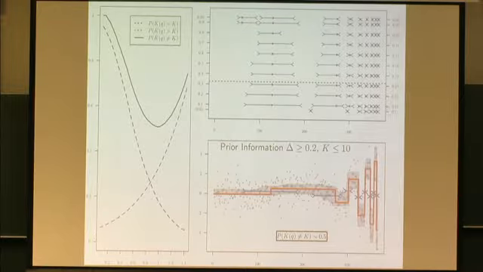So this is the data we've seen before, right? Now let's assume we have prior information. The prior information would be that I believe that on the smallest scale, the signal is larger than 0.2. Let's say we believe that. Or other things we are not interested in.